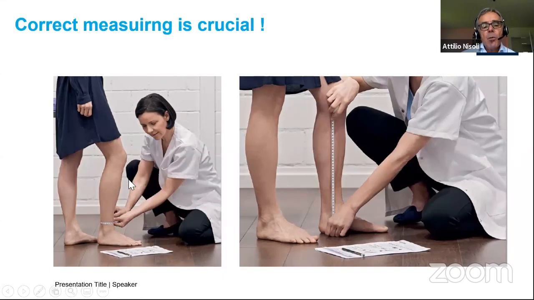This is the way we measure. Not just this picture is the correct way. A patient can be seated if it comes to a knee-high measurement. So it's not mandatory that these people stay in an upright position. It's more to show how it actually works.